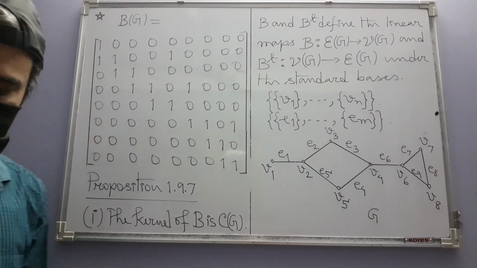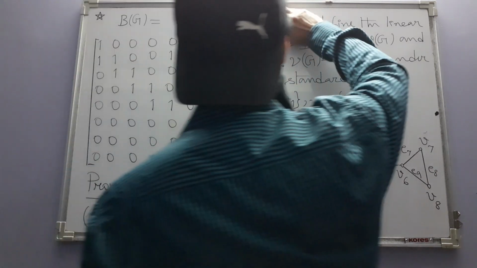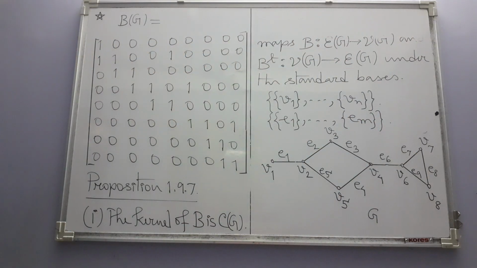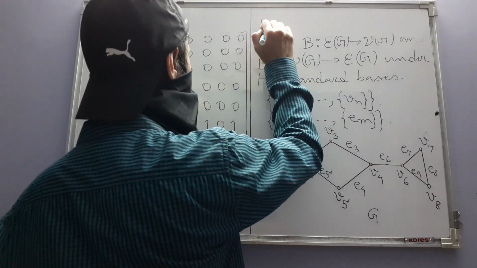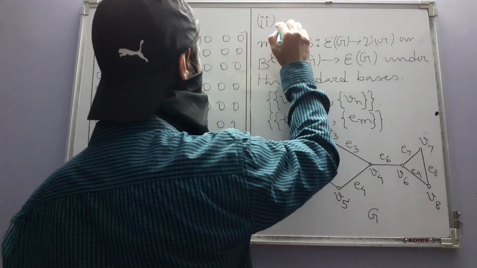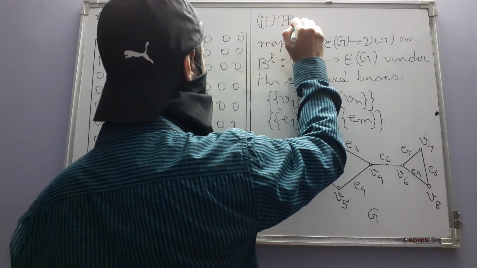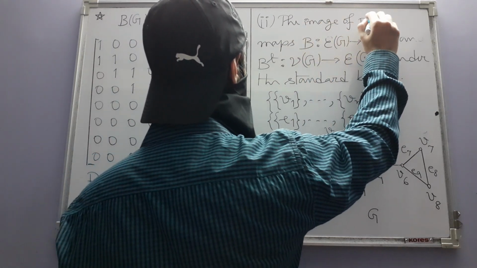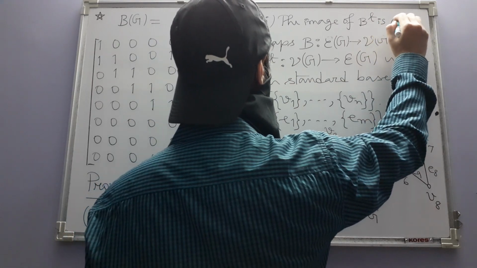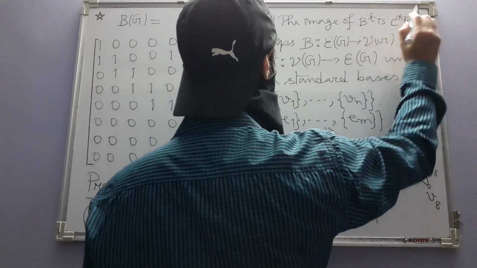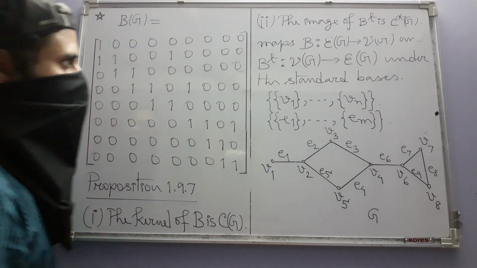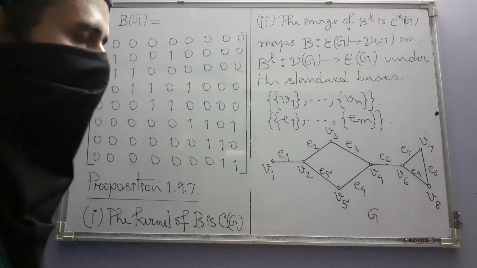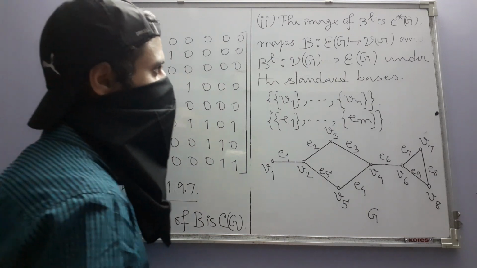And part 2: the image of B transpose is the cut space of G. The image of a linear transformation is its set of all values, set of all images.